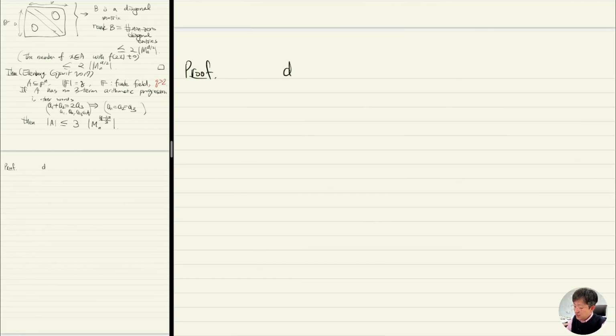So I'm going to choose d later. It's going to be some positive number less than or equal to q minus 1 times n.